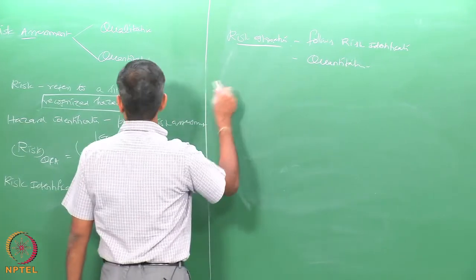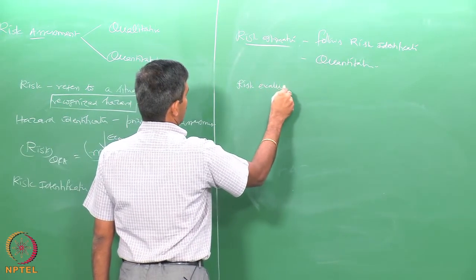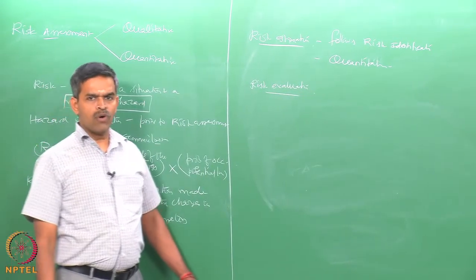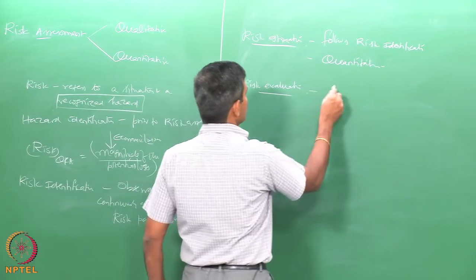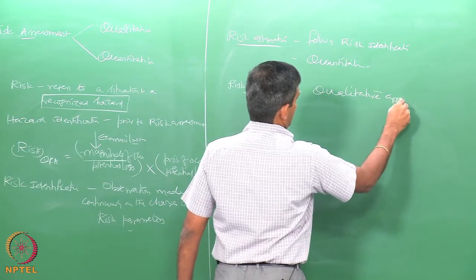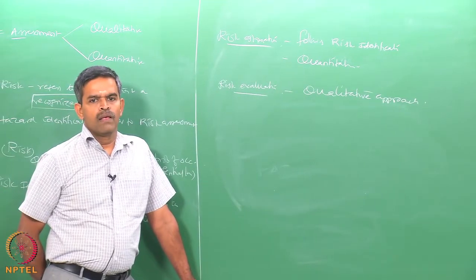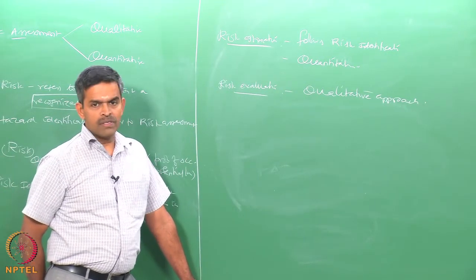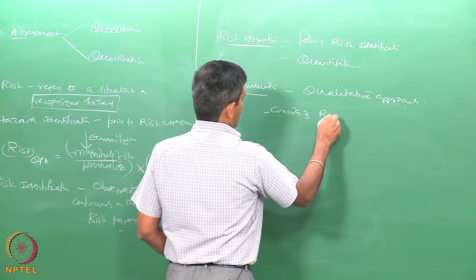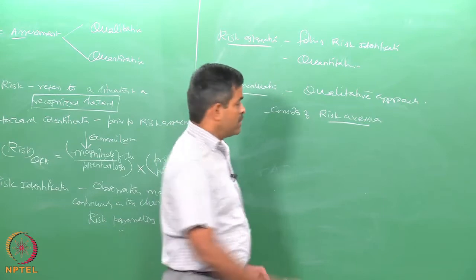Risk evaluation deals of course with the events and is a qualitative approach. So, therefore, risk evaluation consists of risk aversion and risk acceptance.